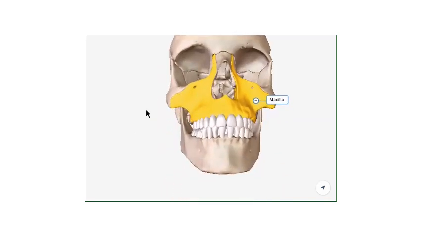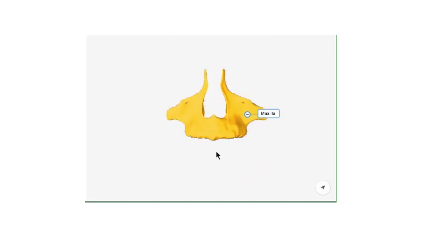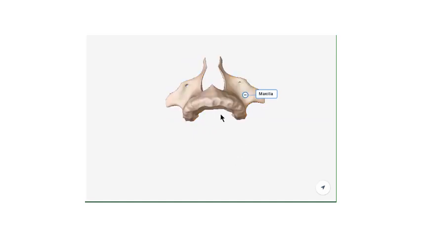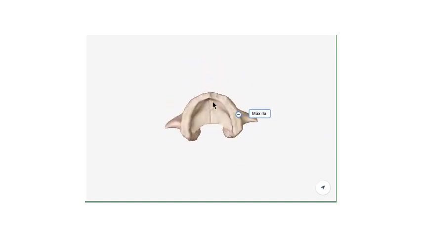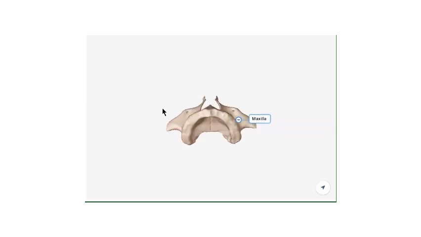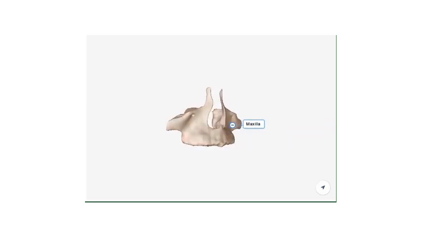You might also remember, let me try to isolate the maxilla here for you. If I take everything else away and I rotate it, you can see the maxilla forms the front roughly two-thirds of your hard palate. Okay, so that is your maxilla, right? Part of your facial bone.